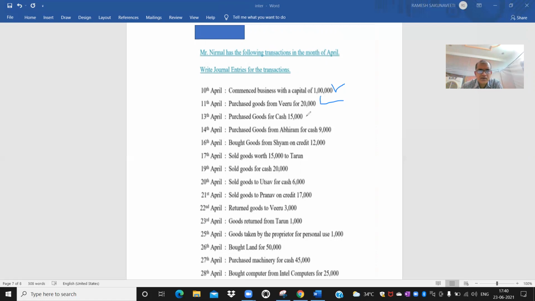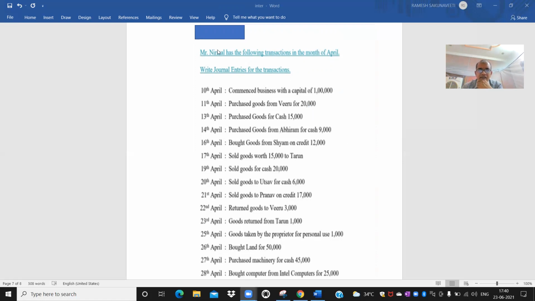Next, third one, purchased goods for cash. What is the journal entry for that one? Purchases account debtor to cash account. Very good. Next one, purchased goods from Abhiram for cash. What is the journal entry? Purchases account debtor to Abhiram.